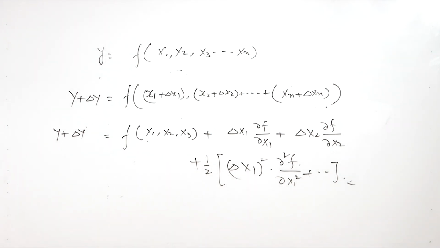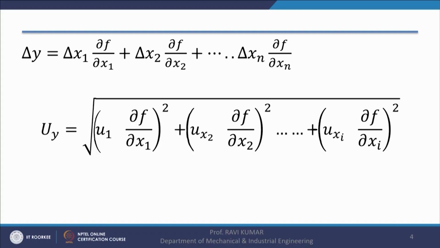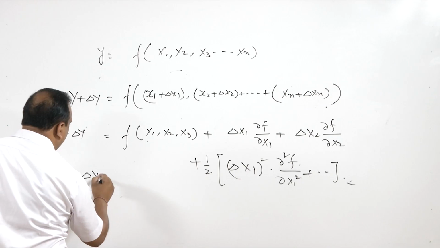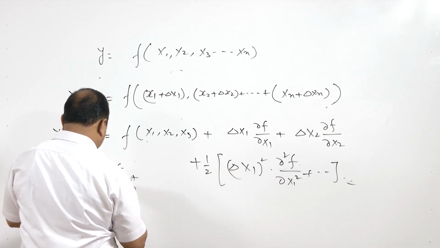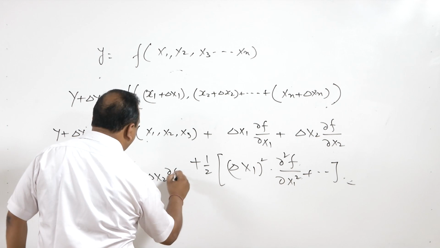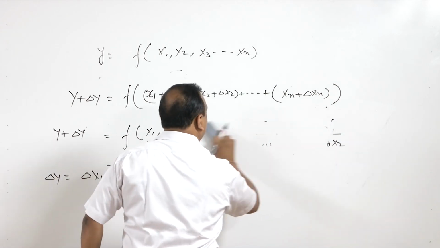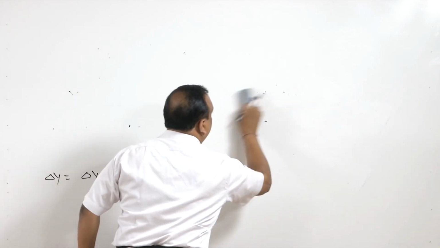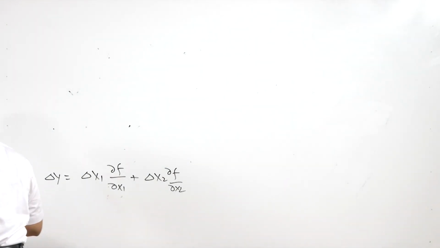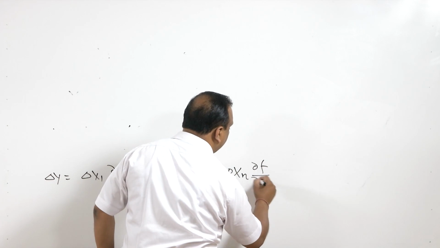And we will be getting delta y as delta x1 del f by del x1 plus delta x2 del f by del x2, and it will go on up till delta xn del f by del xn.